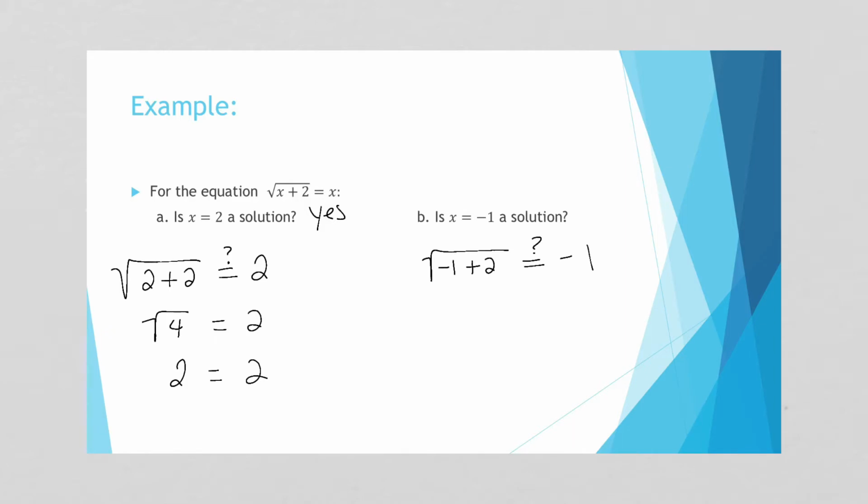So -1 plus 2 is 1. And whenever we have a radical here, we are really looking for the positive of this, okay? So we want the square root of 1, which is 1, and does 1 equal -1? No, it does not. So we would say no to this one.